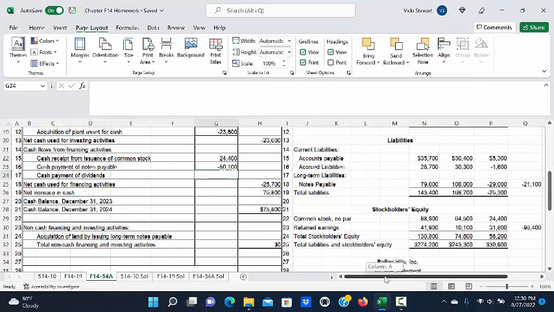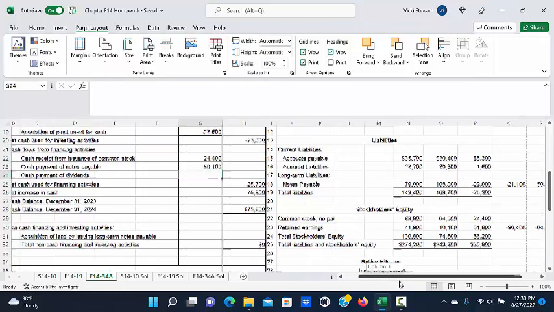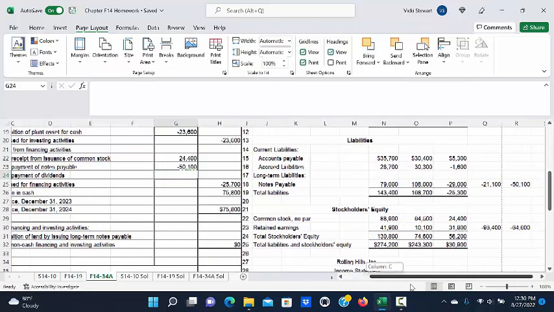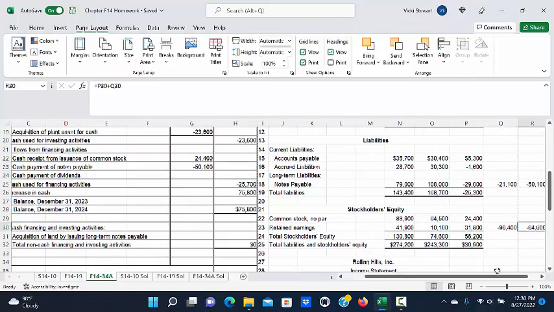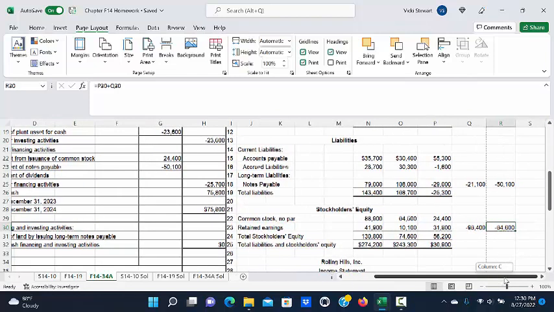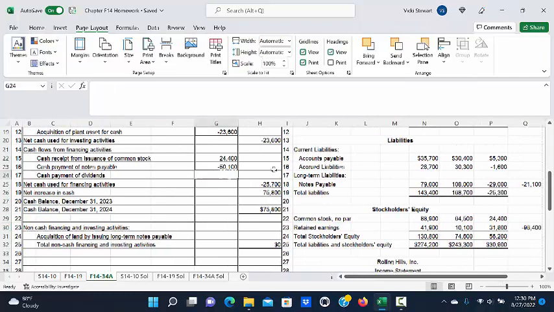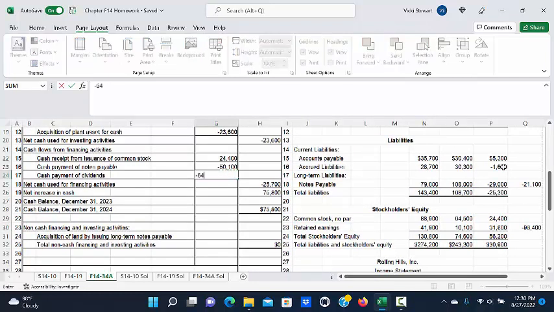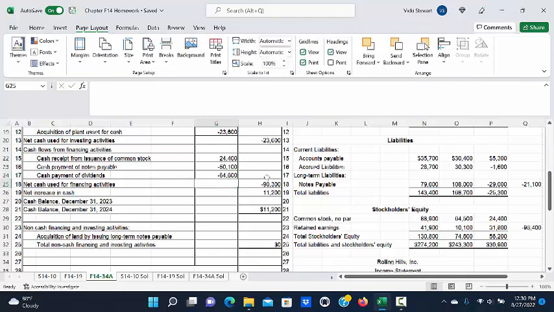Now we would need to subtract in our financing activities section any payment of dividends. After adjusting retained earnings, we can see that we had $64,600 in dividends that we issued to our shareholders, and that is a use of cash. So that would be a subtraction. So overall, we had net cash used of $90,300 for financing activities when we add these amounts together.